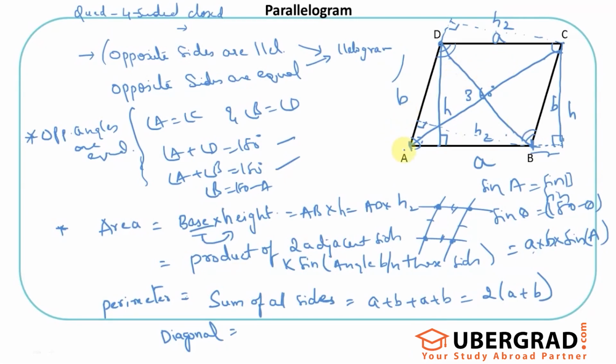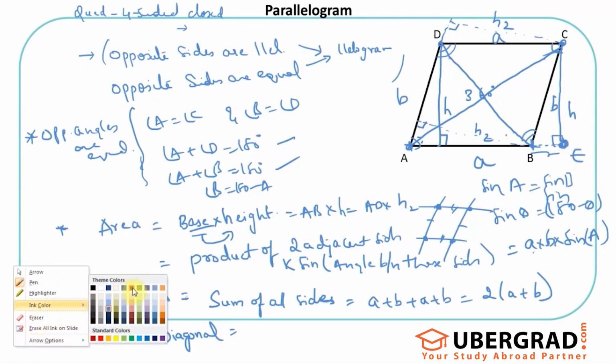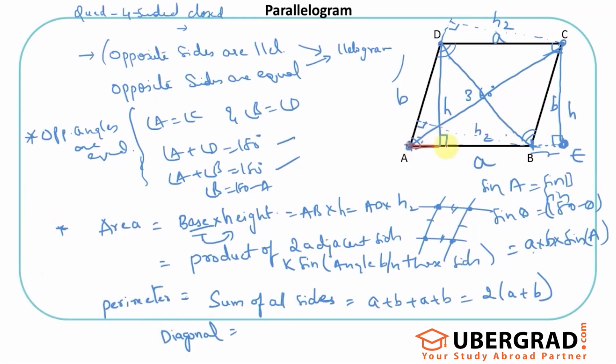So how do I find AC? This AC is found using a right angle triangle. If you see A, C, and let me call this E, let me use a slightly different color. A, C, E is a right angle triangle.